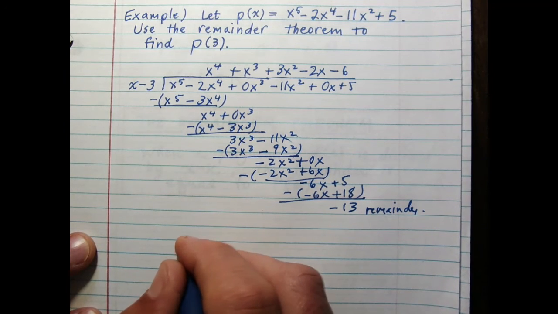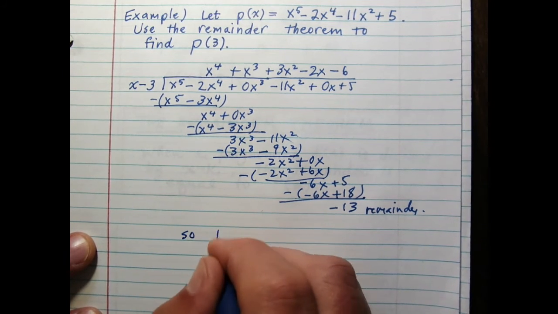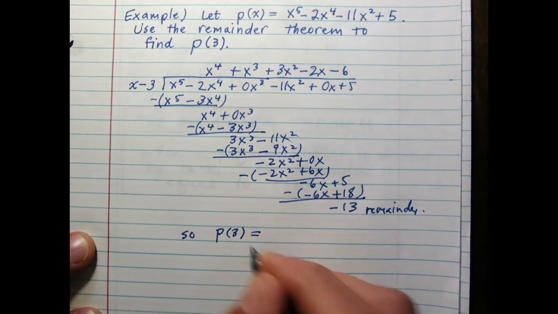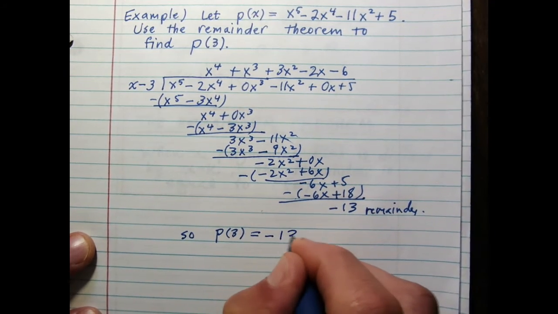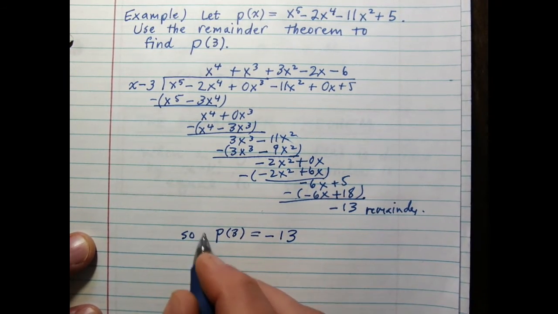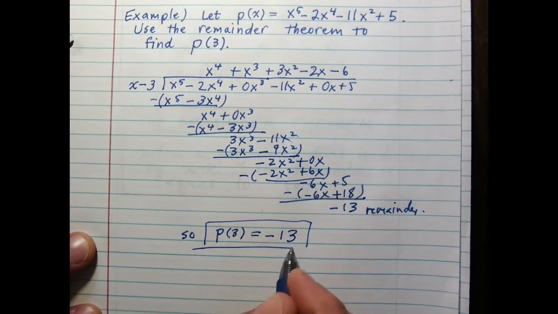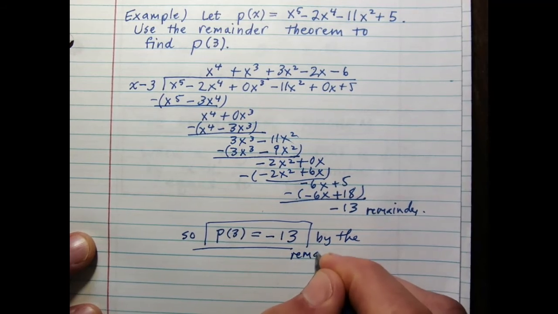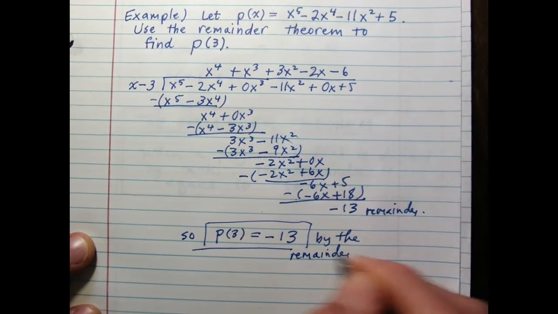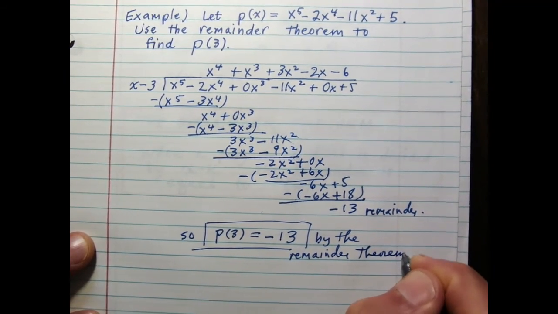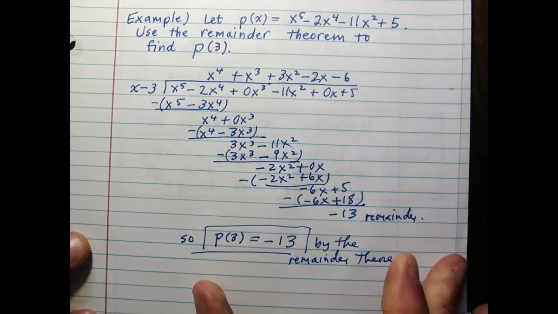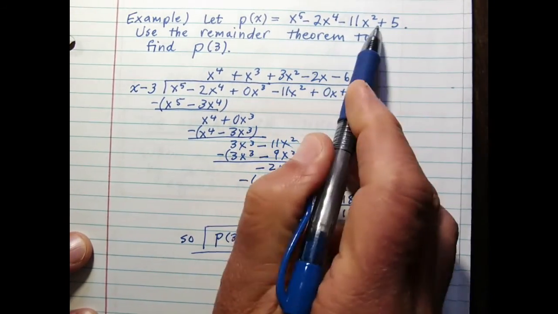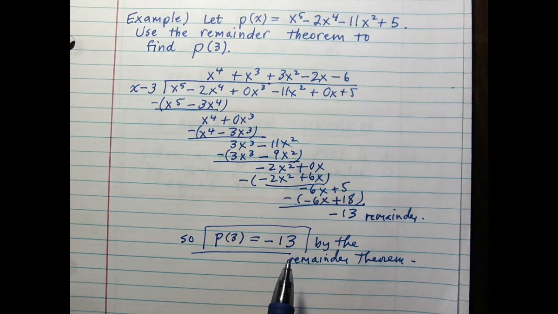We can say that p of 3 must be equal to negative 13. This is by the remainder theorem. So if I plugged 3 into that original polynomial and simplified, I will get negative 13.